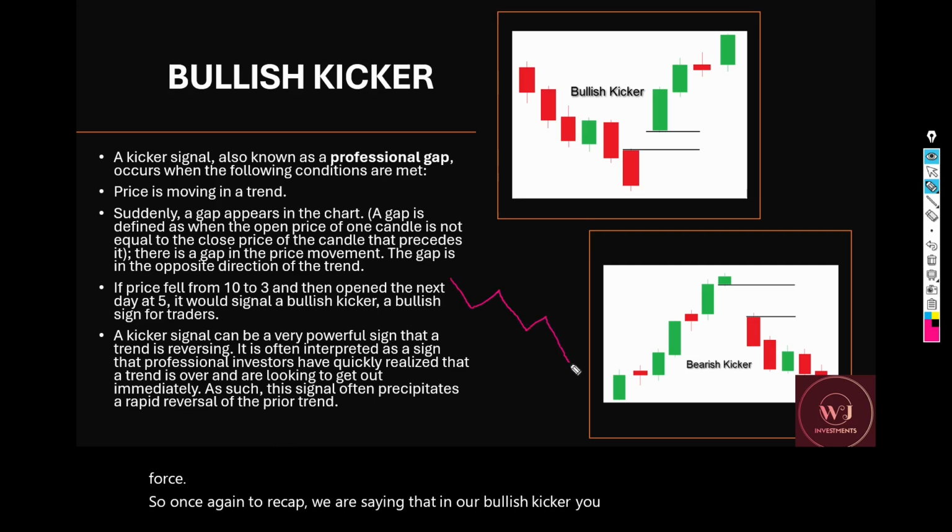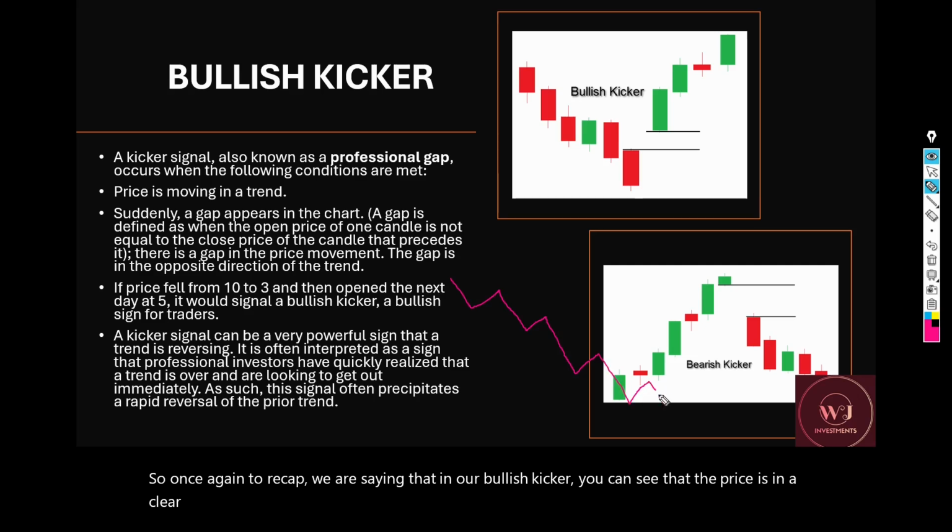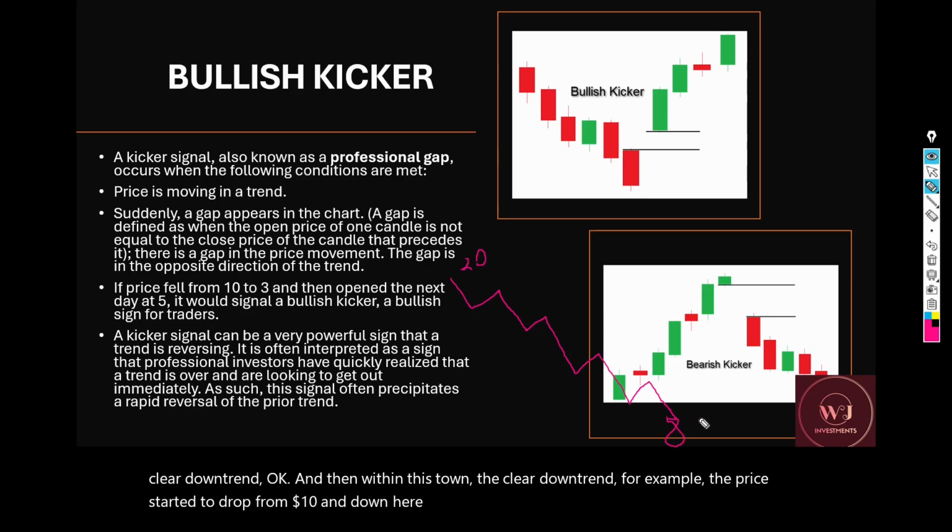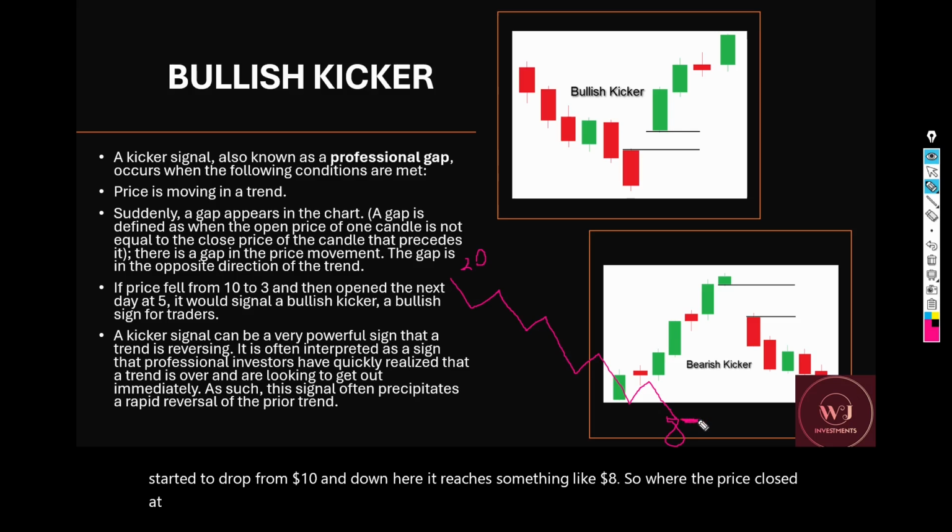So once again, to recap, we are saying that in a bullish kicker, you can see that the price is in a clear downtrend. And then within this clear downtrend, for example, the price started to drop from $10, and down here it reaches something like $8. So where the price closed at $8, instead of starting at the exact same price, this price is going to open at a price higher than $8.